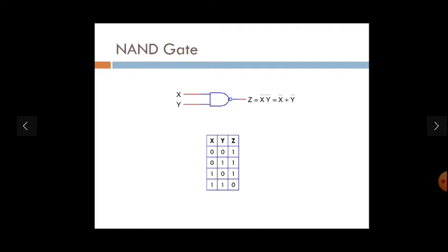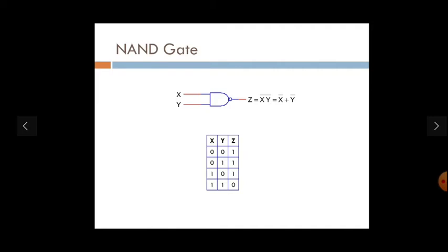Second possibility is 0 1, it means X is 0, Y is 1. Third possibility is 1 0, it means X is 1 and Y is 0. Fourth possibility is 1 1, it means X is 1 and Y is 1, both are 1. See, for these four possibilities, what is the output of NAND gate.